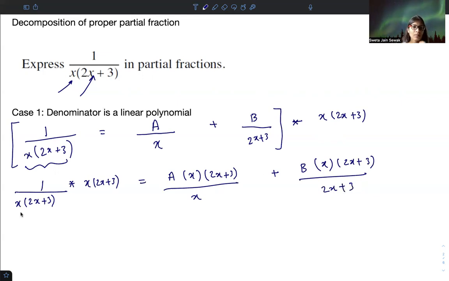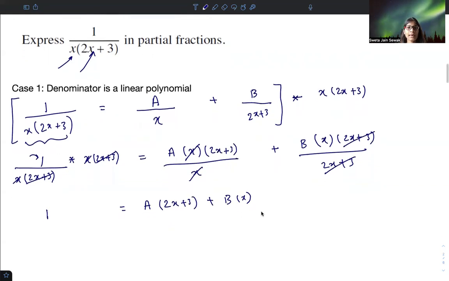So x cancels out x, 2x plus 3 cancels out, and we are only left with 1 on the left. On the right, we have A multiplied with 2x plus 3 plus B multiplied with x.